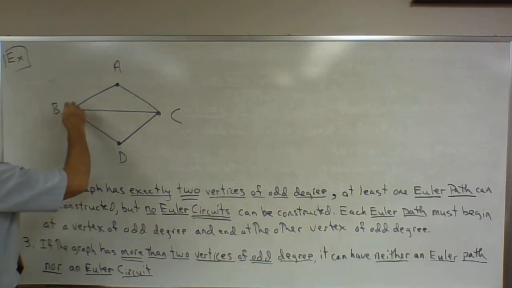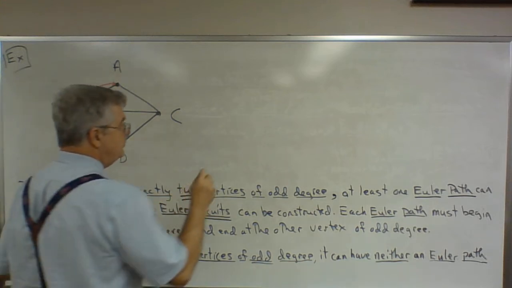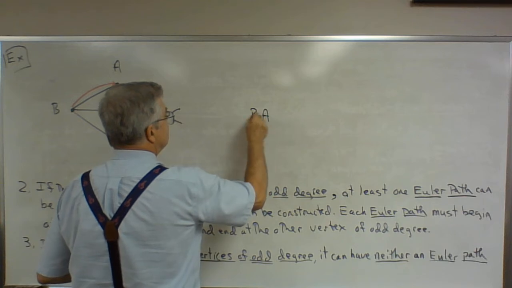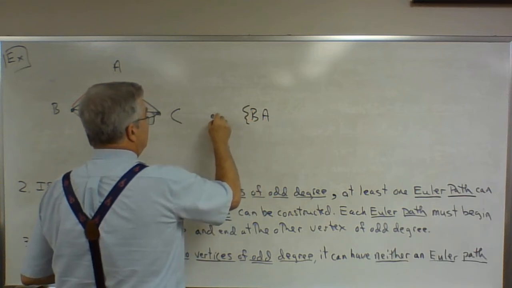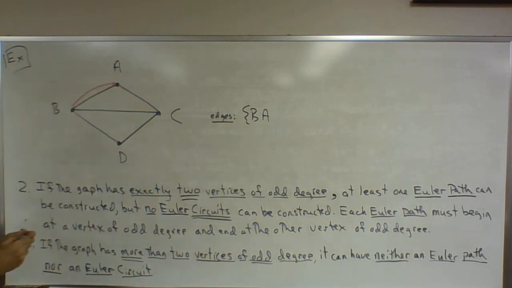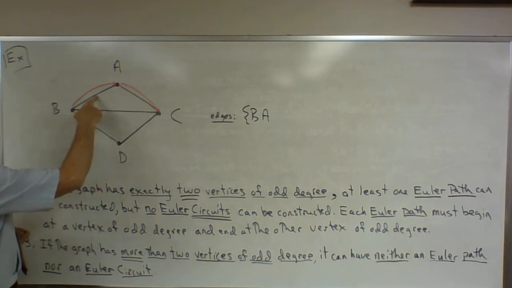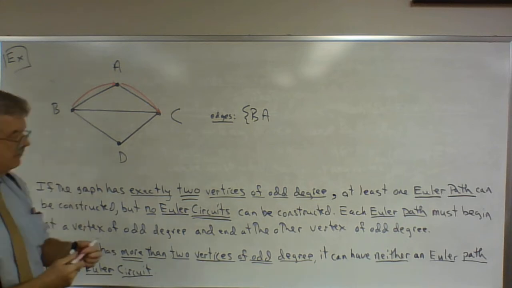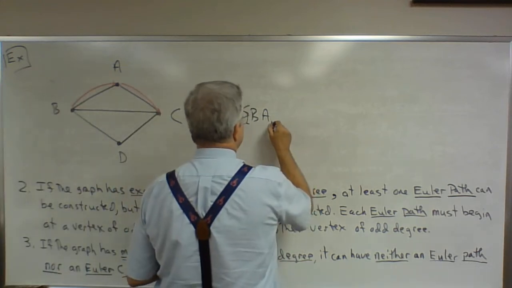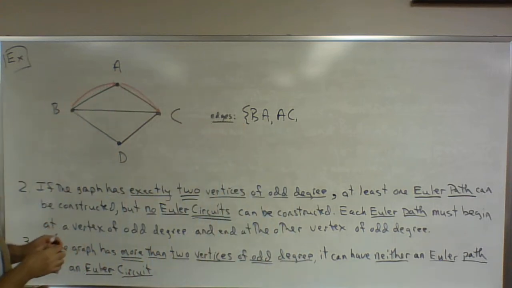So I'll start at B and go to A. Here's my edges. And then the only place I can go is from A to C. So I've got this edge covered, this edge covered. And let's see, where do I want to go?